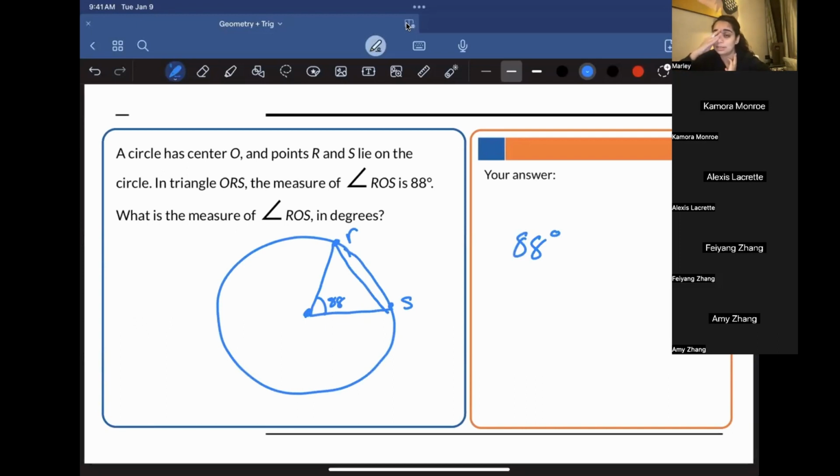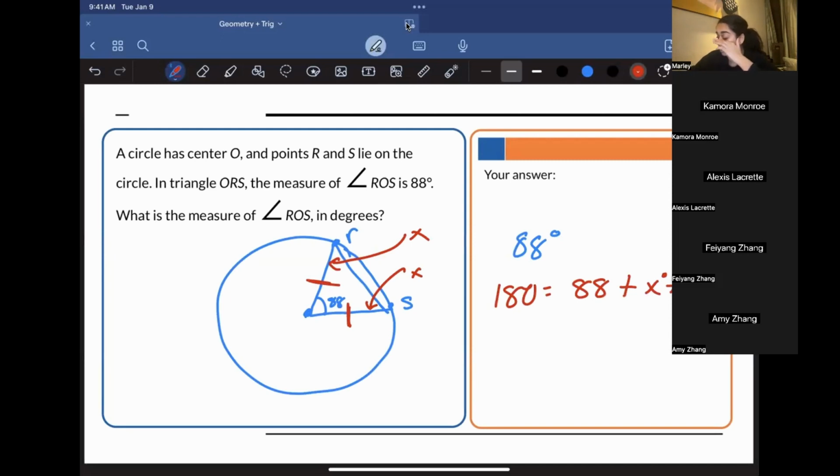Usually what they will normally ask, which I'm surprised they didn't ask here, is they're going to ask you, what is this other degree, RSO or SRO. And so to find that, because this is the radius, we would do 180 equals 88 plus 2x, since they're the same and it's isosceles. 180 minus 88 is 92.